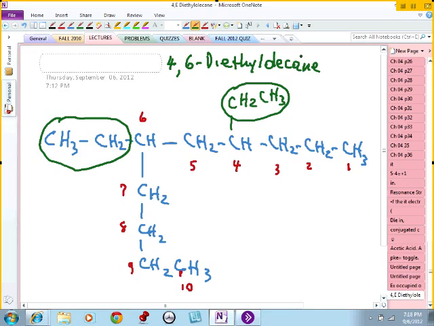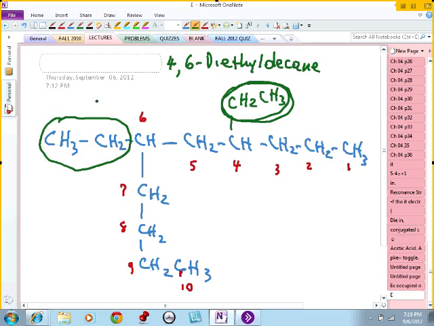Okay, 4, 6, because we start to number from this carbon, right? You follow that? And this branch here is in position number 4. It's an ethyl group.